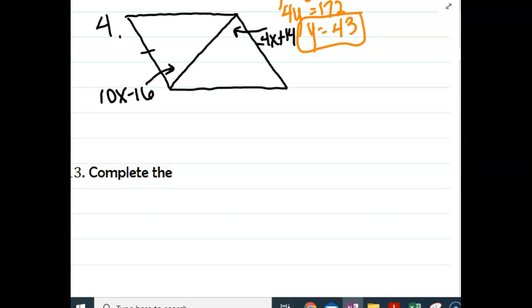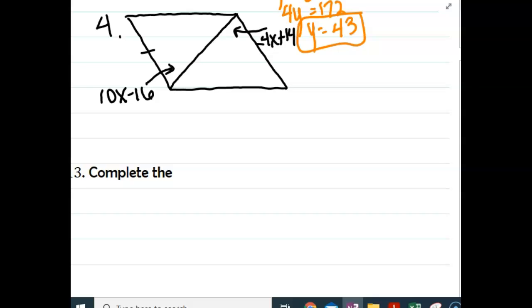Now you have to apply one of those theorems that we've talked about above, because if this is a parallelogram, I either need both sets of opposite sides congruent, opposite angles congruent, consecutive angles supplementary, the diagonals bisect each other, or that last one said I need the same pair of sides both congruent and parallel.